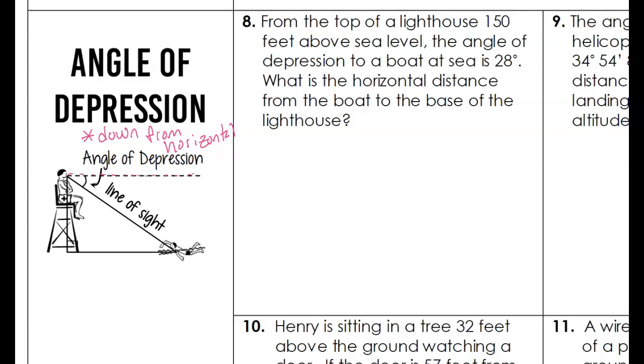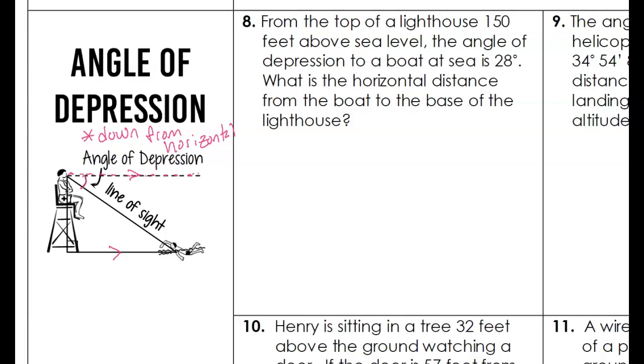So from this dotted line, that is a horizontal line, going downward to our line of sight is our angle of depression. Now notice here, I drew a horizontal line and on the bottom is a horizontal line. I'm going to draw these little symbols.